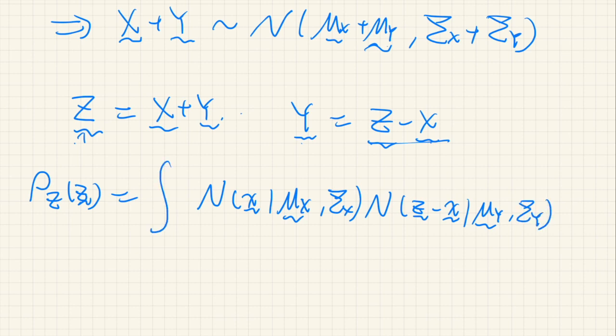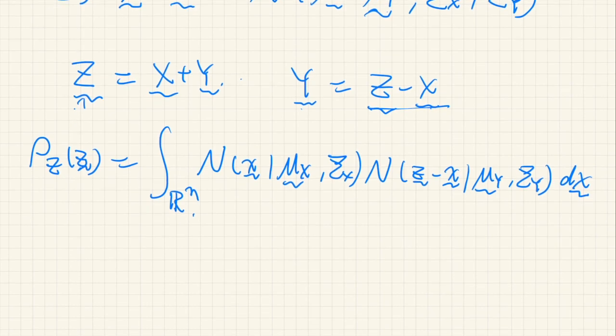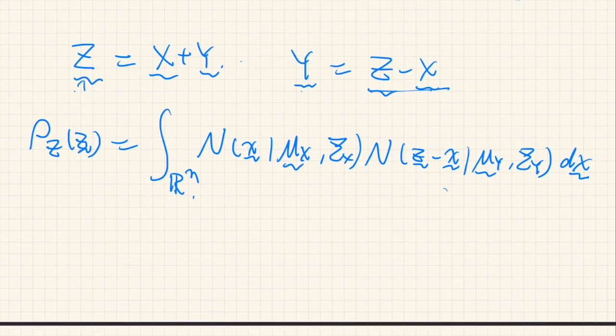And we integrate with respect to x over the entire n-dimensional space. Since both of these are normal distributions, we have the following.